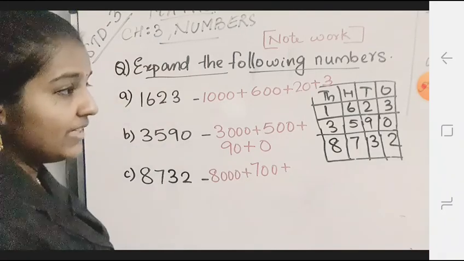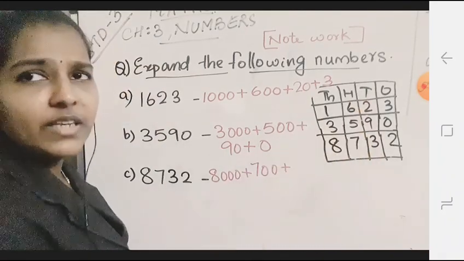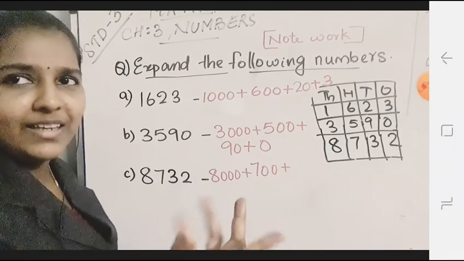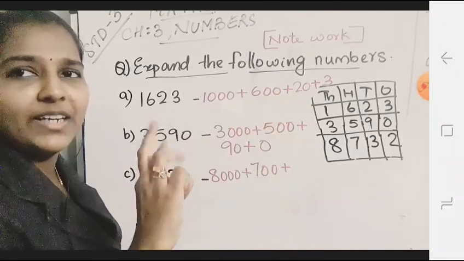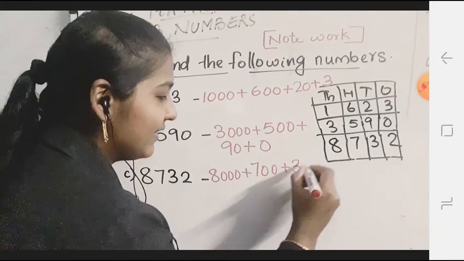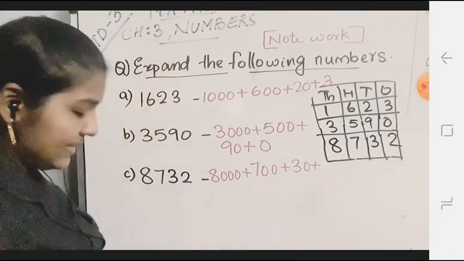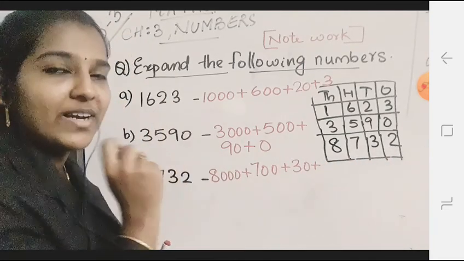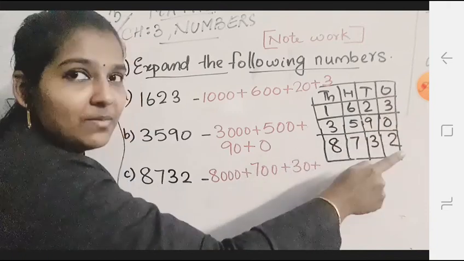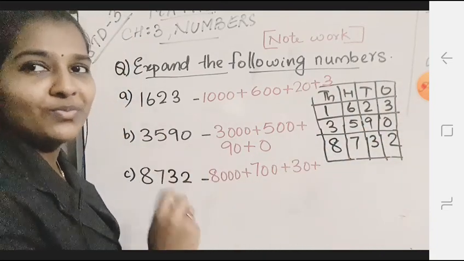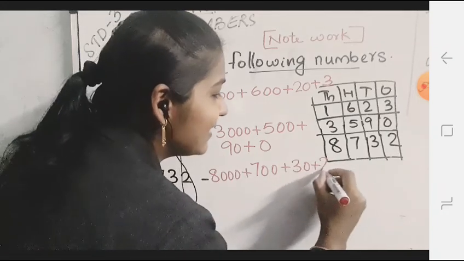Then next one, 3 tens. 3 tens are what? 30. That is 10 plus 10 plus 10. 3 tens are 30. So write 30 plus. The last number is 2. 2 ones, 2 in ones column. 2 ones are 2.